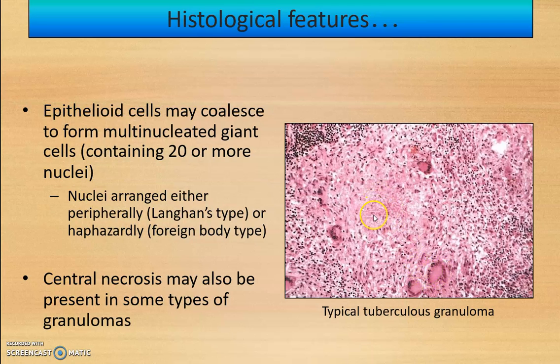Central necrosis may also be present in some types of granulomas, and in this case, you have this part of central necrosis. This is a case of a typical tuberculous granuloma.